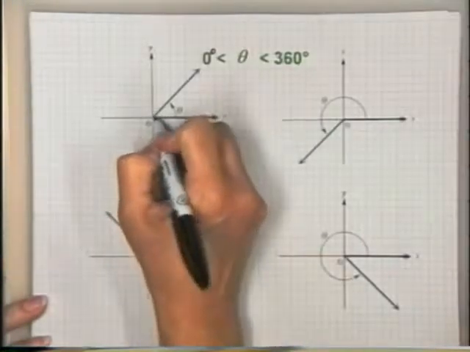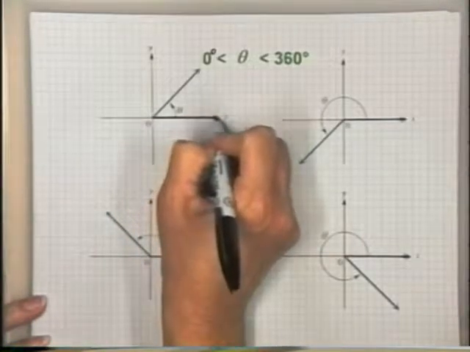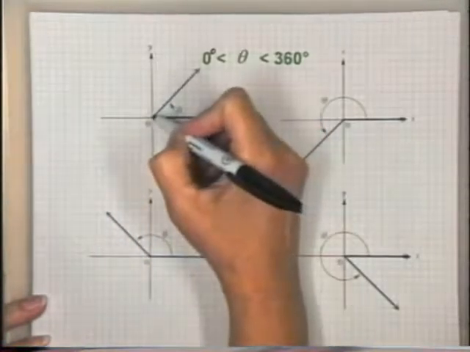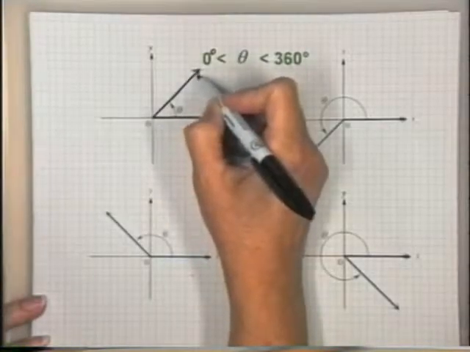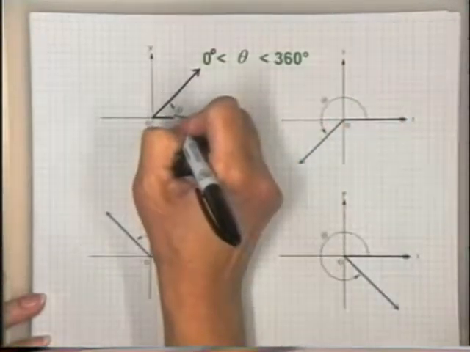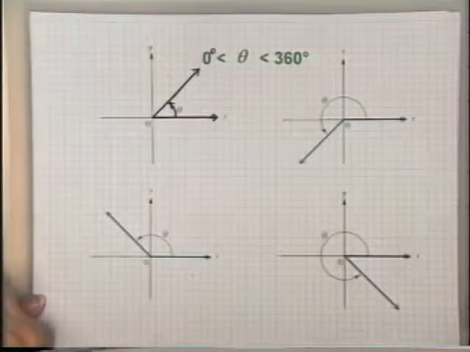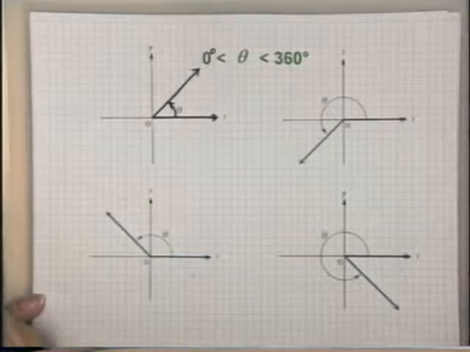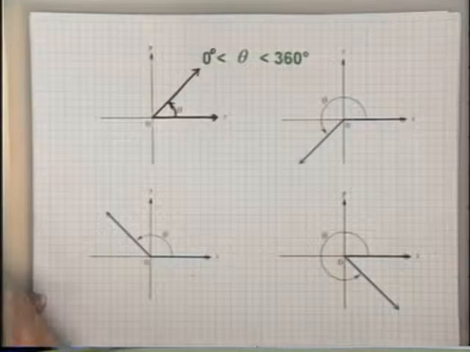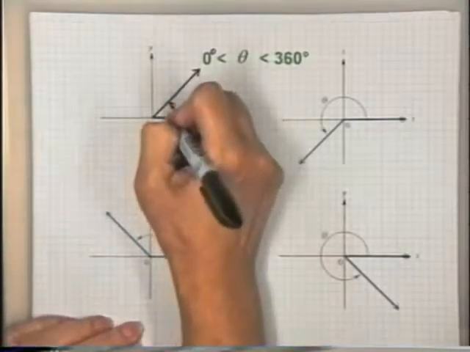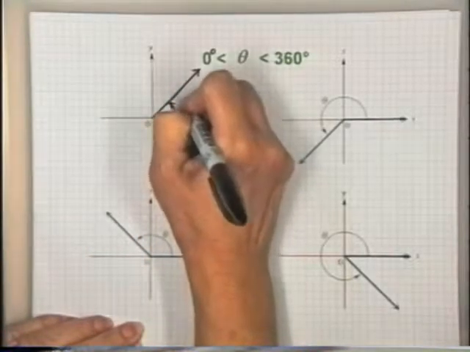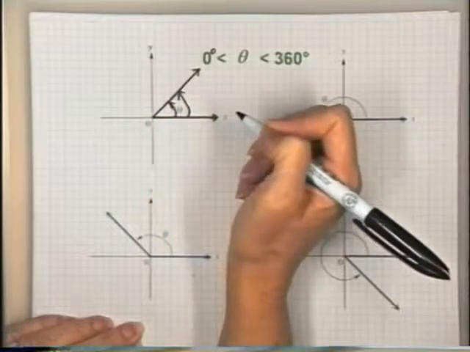So, here's my first quadrant angle, initial side, terminal side. Now, by definition, its reference angle is the positive angle between the terminal side and the x-axis. So in this case, that angle is just this angle right here, isn't it?